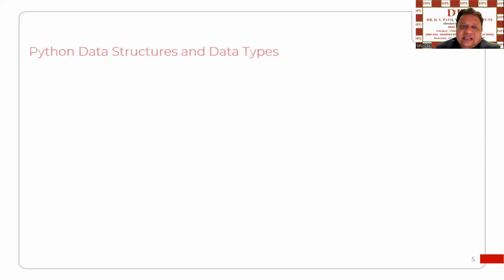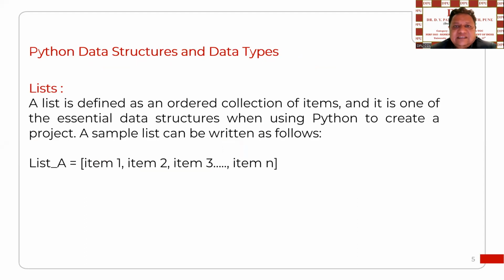So let's start with list. What is a list? Basically, a list is an ordered collection of elements. It means the items in the list are linearly arranged one after another, and it is one of the essential data structures in Python. More or less, you will find lists used in all Python coding.